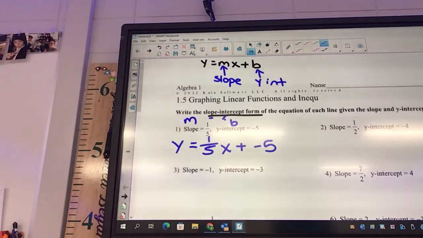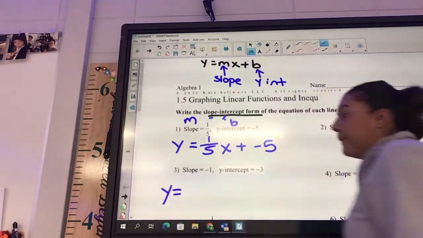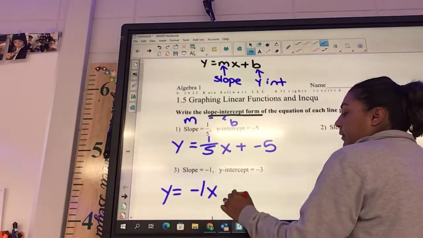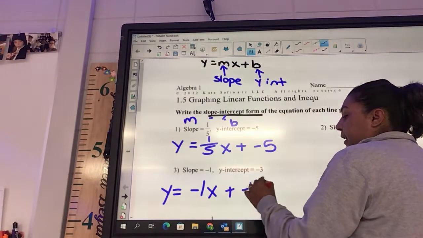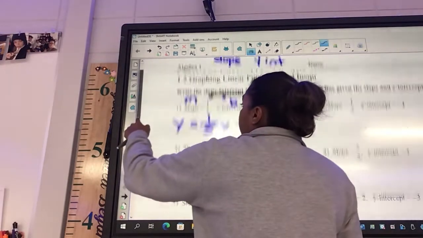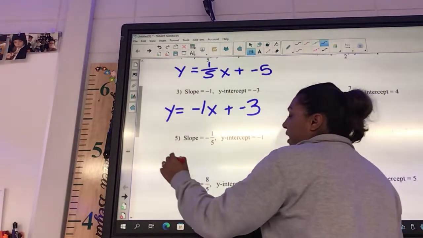So if we look at number 3, it's going to be y equals what? Negative 1 x plus negative 3. Hey Suze, what should 5 look like?